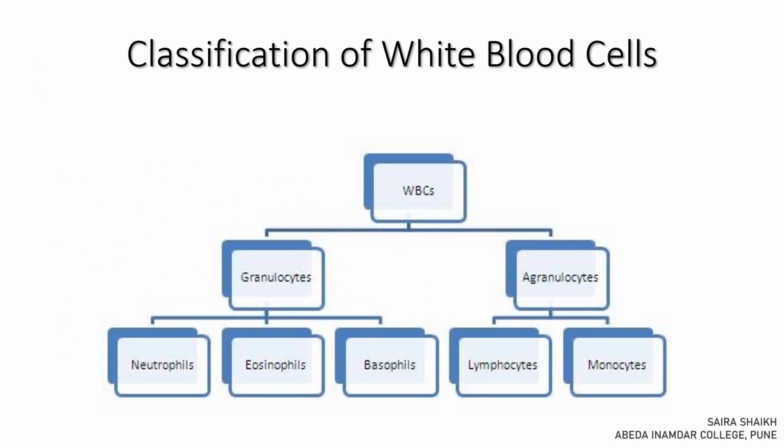White blood cells are classified basically into two groups, granulocytes and agranulocytes. Granulocytes are the cells in whose cytoplasm granules are present. Granules means small vesicles are present in the cytoplasm.